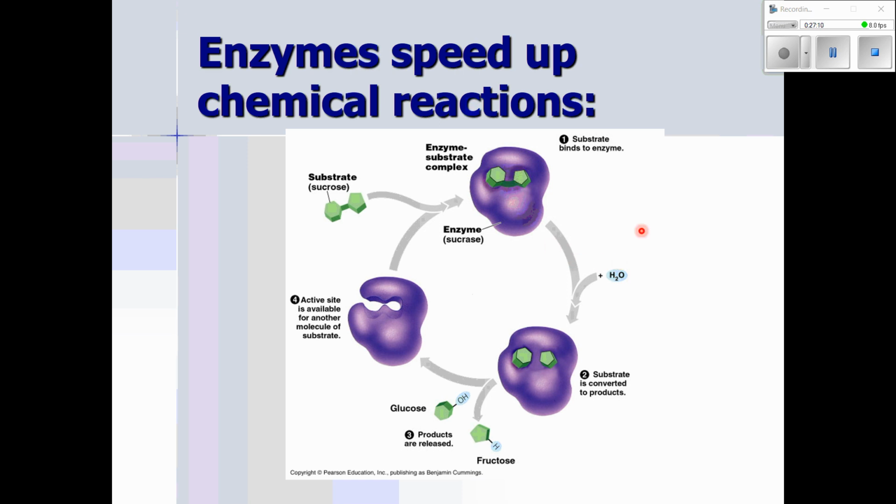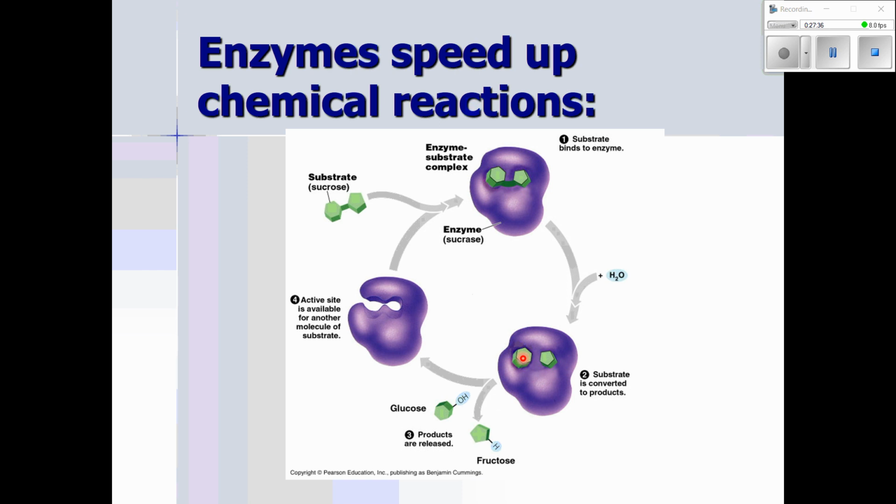Now, do you remember what that's called? The chemical reaction where water is added to break a chemical bond? That's right. It's called hydrolysis. It's the opposite of dehydration synthesis. When we break this bond, these two sugars are no longer connected. It is no longer sucrose.